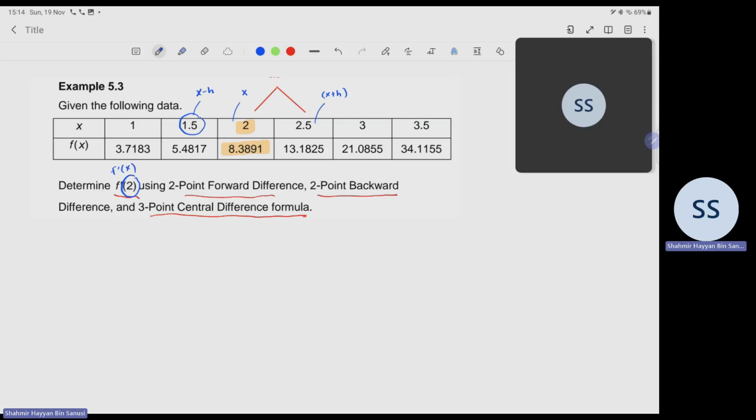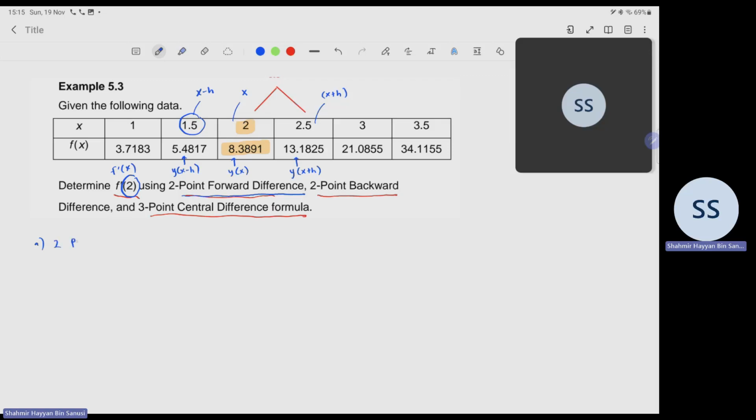Straight away, you know where is your x, where is your x plus h, and where is your x minus h. Once you know where is the value of x, x minus h, and x plus h, you can use the corresponding y value. So this is your value of f(x plus h), f(x), and f(x minus h). So let's try to do using 2-point forward difference.